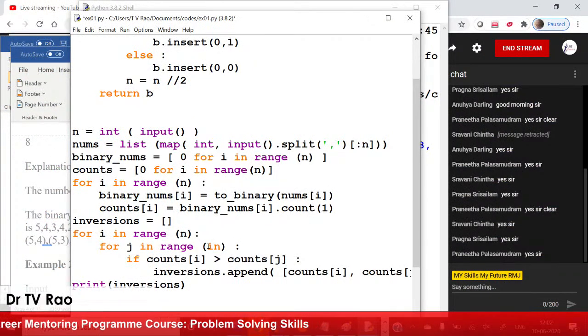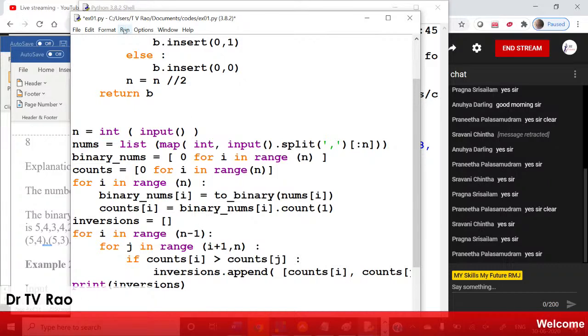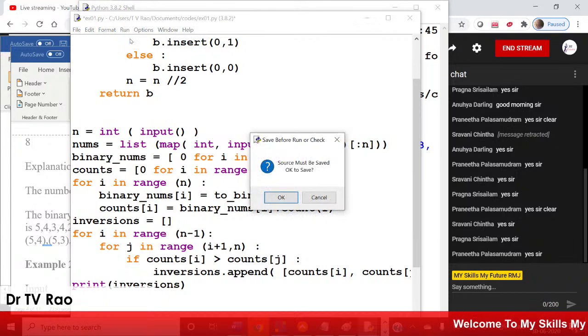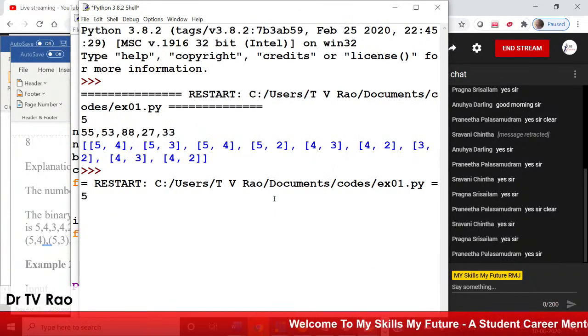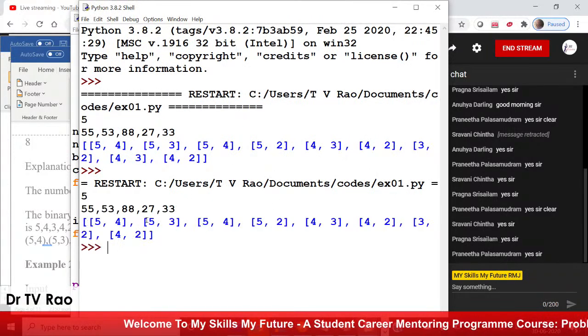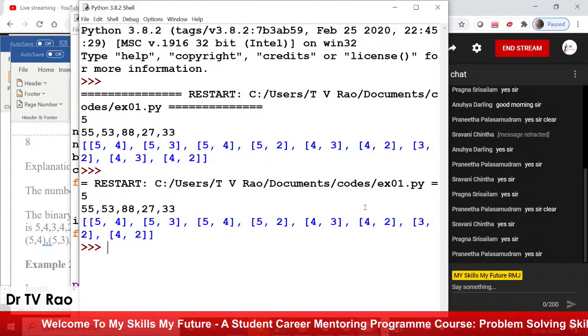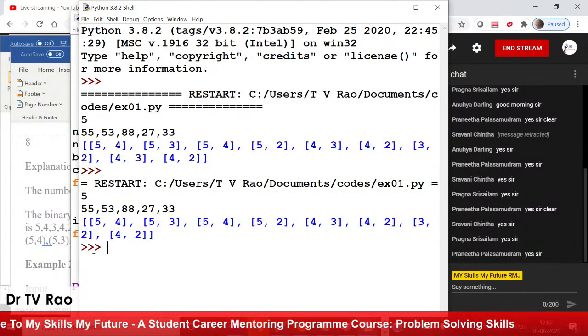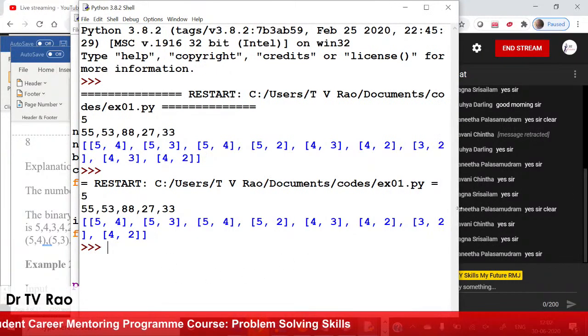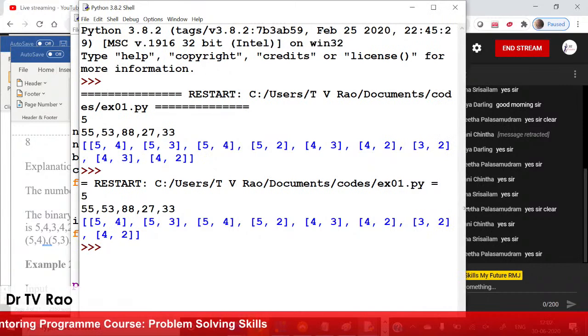So this is i plus 1 to n. And this is n minus 1. So 1, 2, 3, 4, 5, 6, 7, and 8. Is this clear?